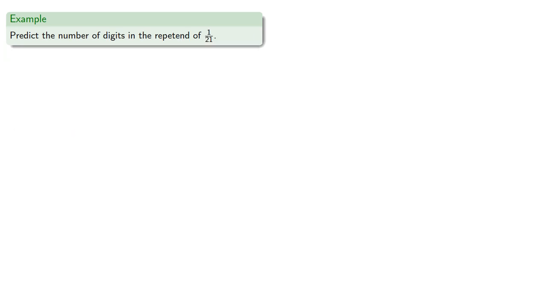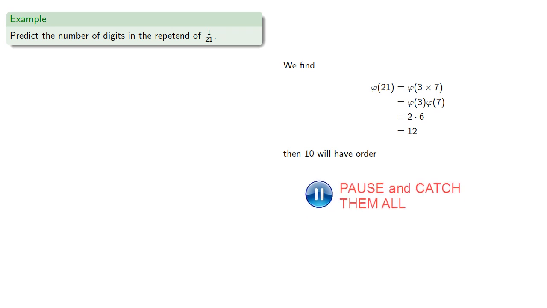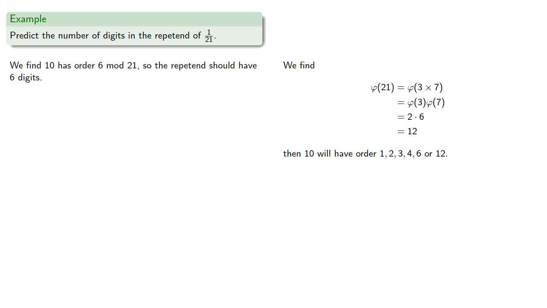So let's start by finding phi of 21, so 10 will have order that's a divisor of 12, and so the possible orders of 10 will be... we find that 10 actually has order 6 mod 21, so the repetend should have 6 digits, and we find it does.